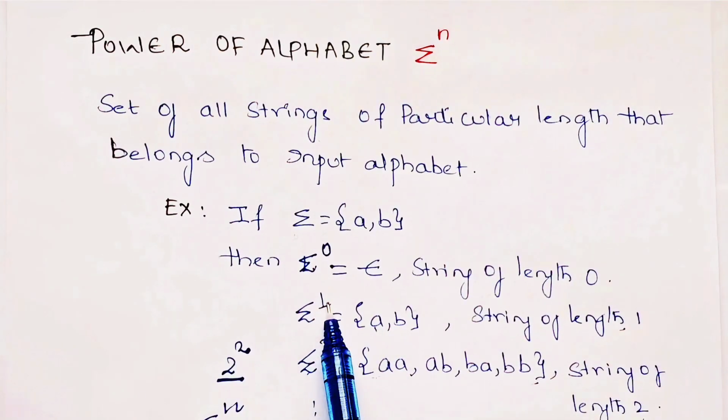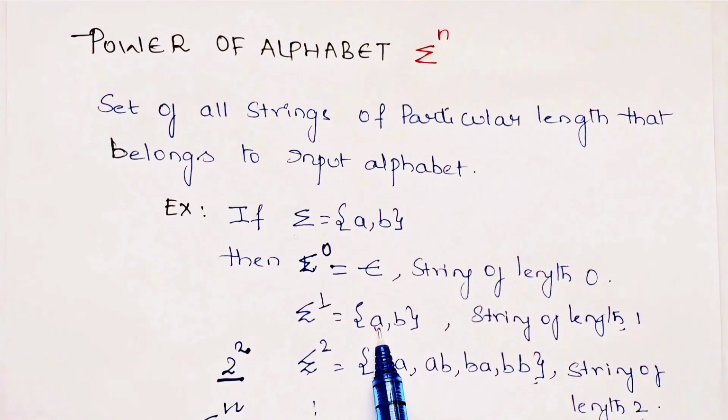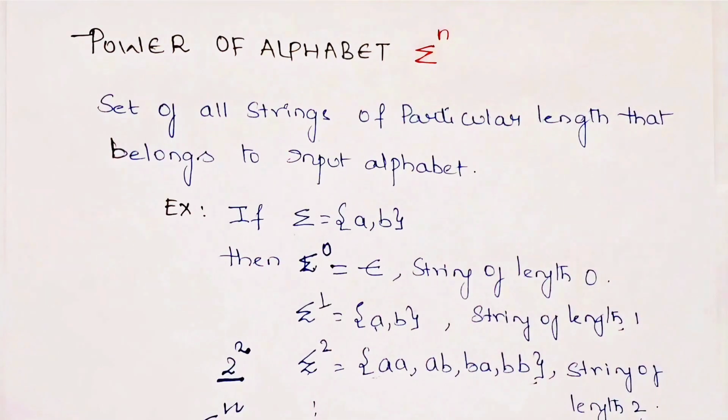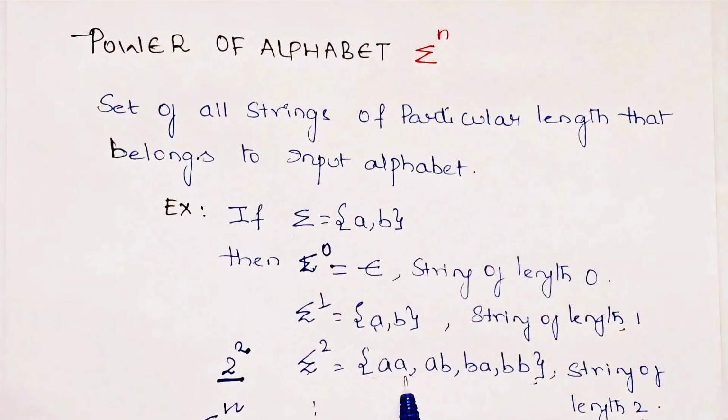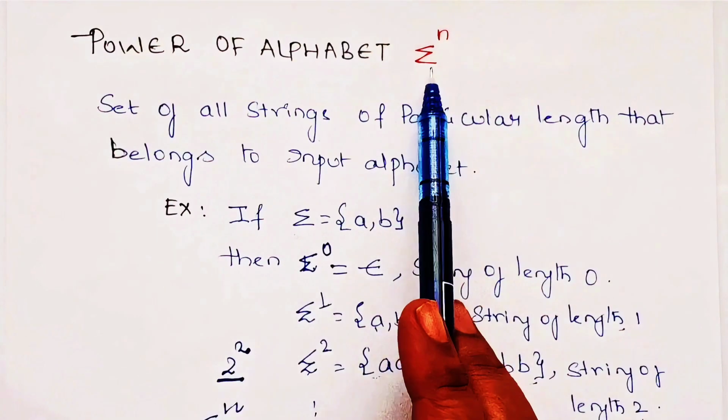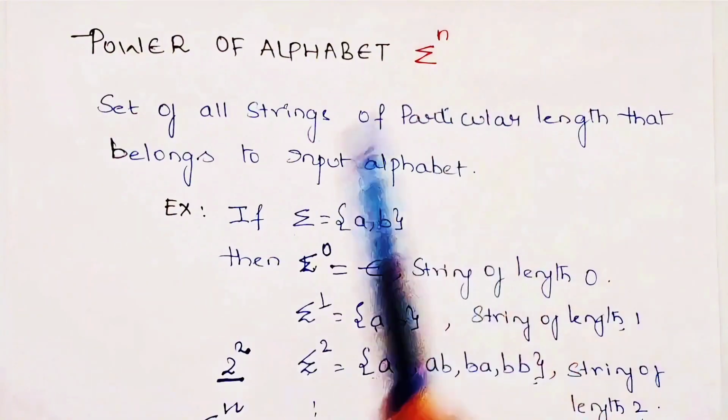Sigma power 1 indicates the input strings of length 1, which means it can be either a or b. Sigma power 2 indicates the input strings of length 2. It means that it comprises the strings of all the combinations of the input characters a or b. So the possible strings are aa, ab, ba and bb. Thus, the power of an alphabet can be defined as sigma power n.